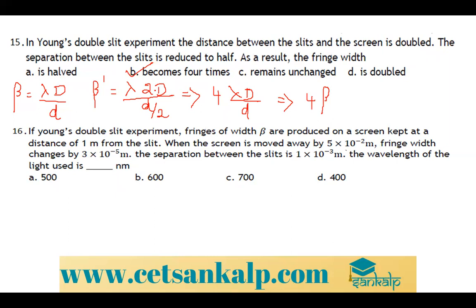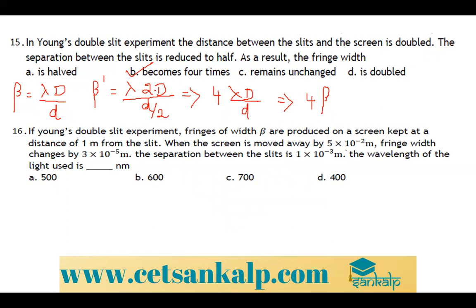In Young's double slit experiment, fringes of width beta are produced on a screen kept at a distance of 1 meter from the slit. When the screen is moved away by 5 into 10 to the power minus 2 meter, the fringe width changes by 3 into 10 to the power minus 5 meter.